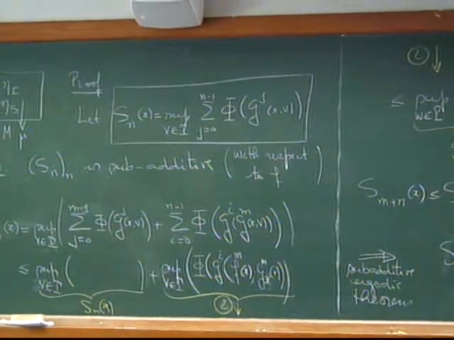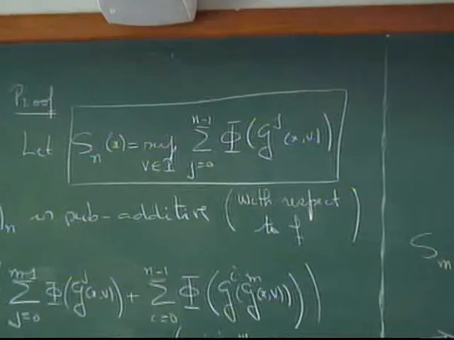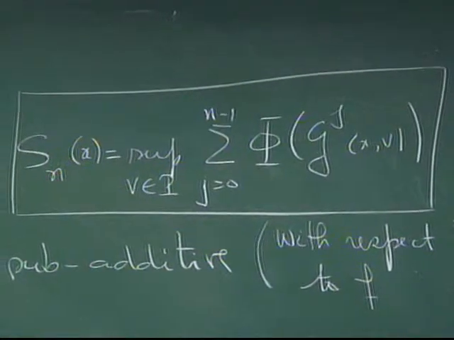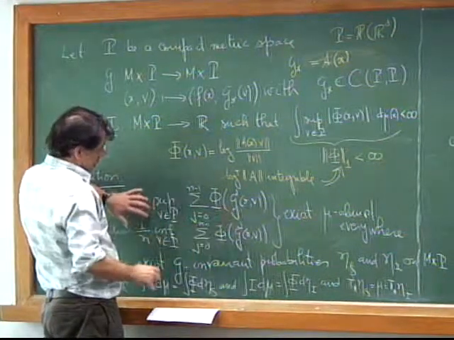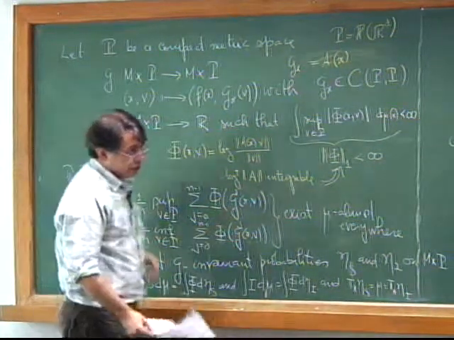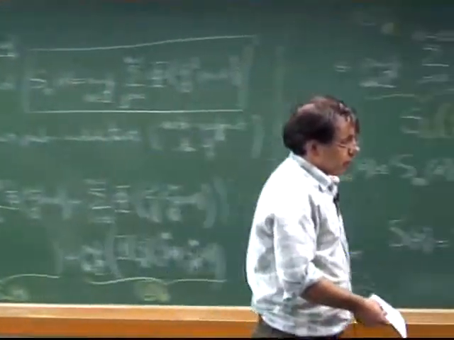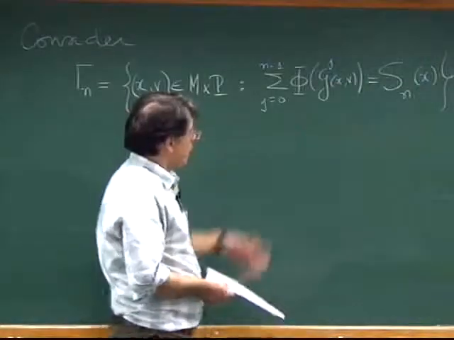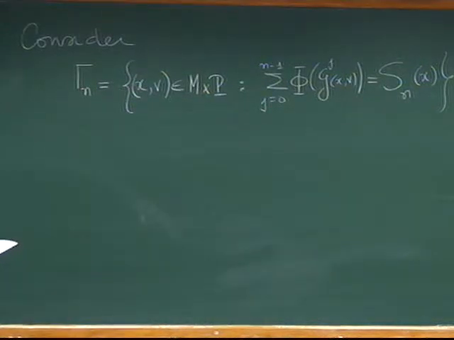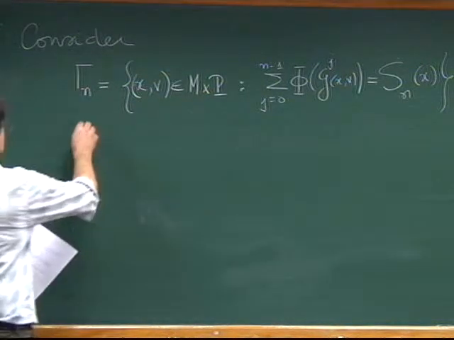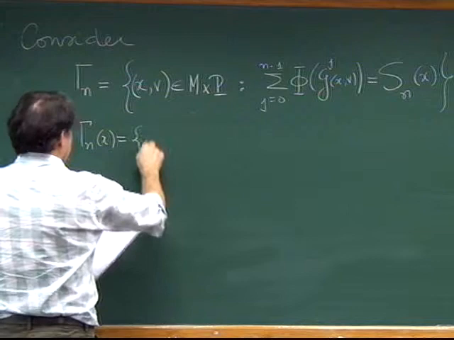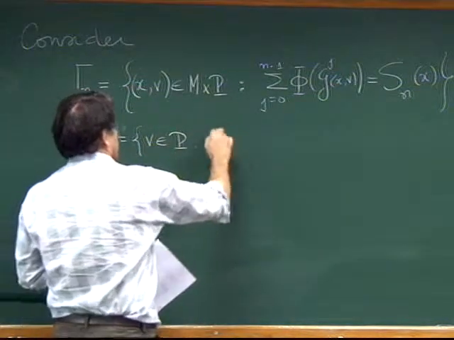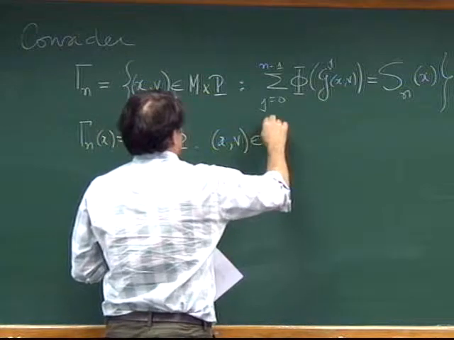So if you want to keep in mind the situation that we are interested in, I already explained last time that this, for the special choices here, means how much your matrix is expanding. This is the largest possible expansion. So these are the points where the largest possible expansion is attained. Okay? And I'm also going to denote Gamma_n(x) to be the set of vectors v of elements of P such that the pair (x, v) belongs to Gamma_n.